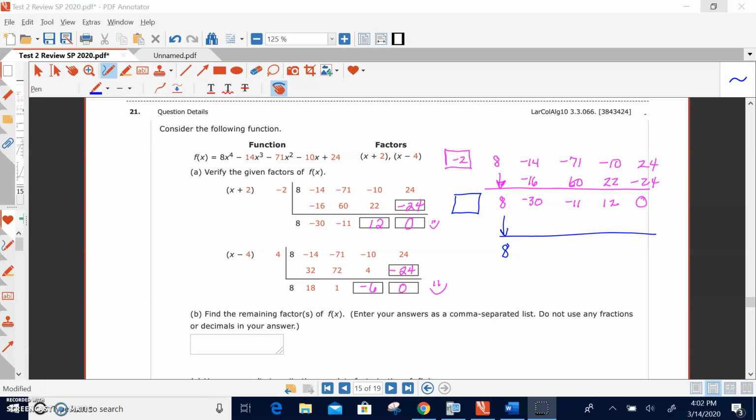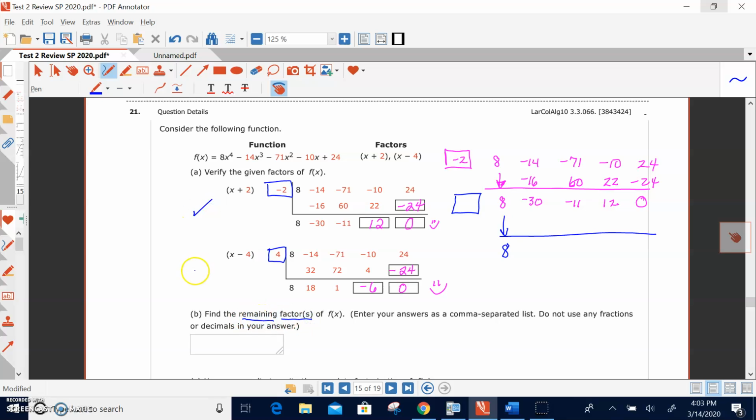So when I do synthetic division with x plus 2, put a -2 in the box, we get a 0 remainder. Now notice they have it set up for us for x minus 4 to verify it. So we need to put the 4 in the box, do synthetic division, and show that we get a 0 remainder. What they didn't have us do is repeated synthetic divisions, because neither one of these gave me a quadratic at the end so I could find the remaining factors.